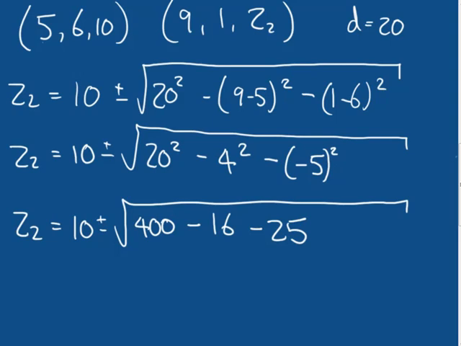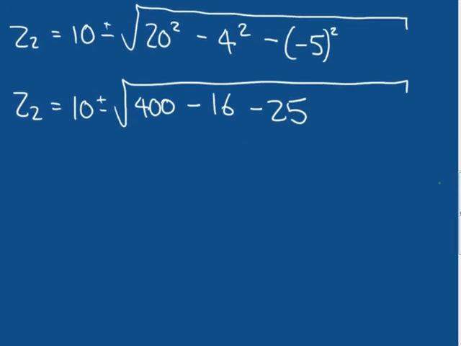So z2 is equal to 10 plus or minus the square root of 400 minus 16 minus 25. That means z2 is equal to 10 plus or minus the square root of 359. So there are two ways now that you could give me the two coordinates for z2.